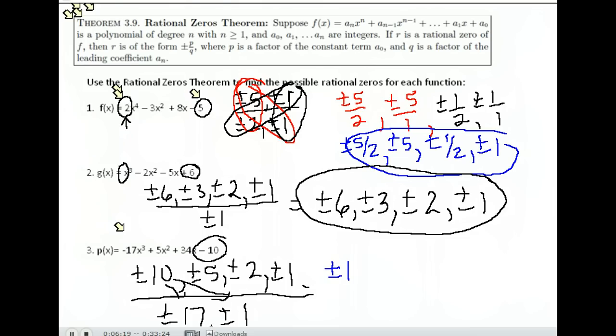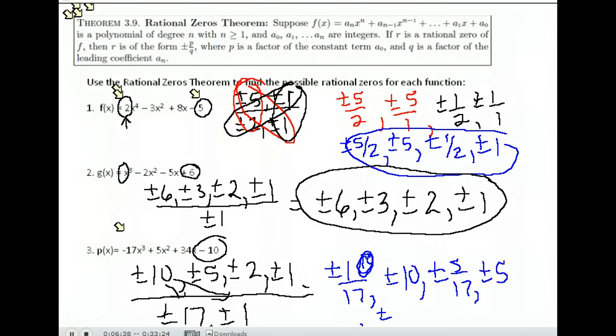So we have plus or minus 10 over 17, plus or minus 10, plus or minus 5 over 17, plus or minus 5, plus or minus 2 over 17, plus or minus 2, plus or minus 1 over 17, and plus or minus 1.